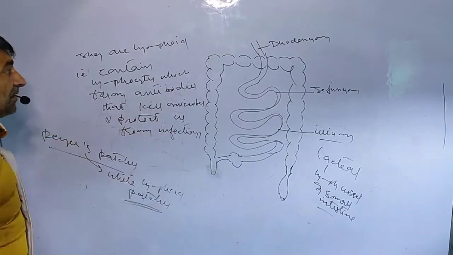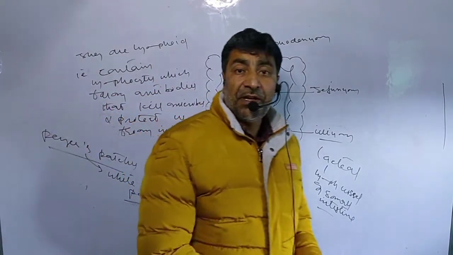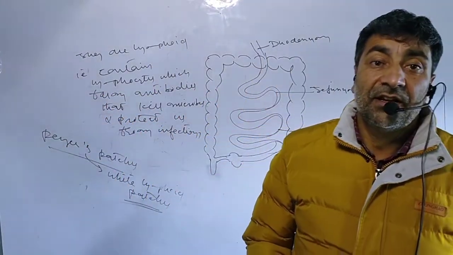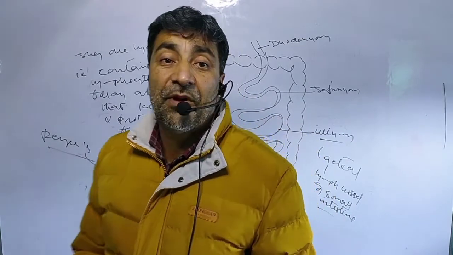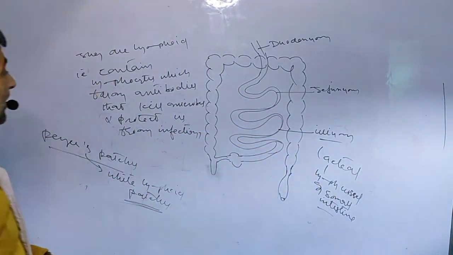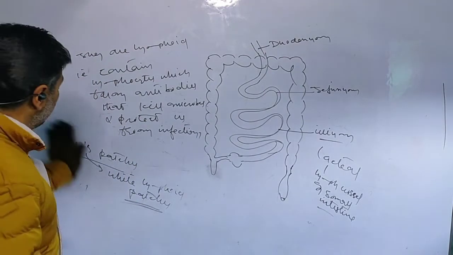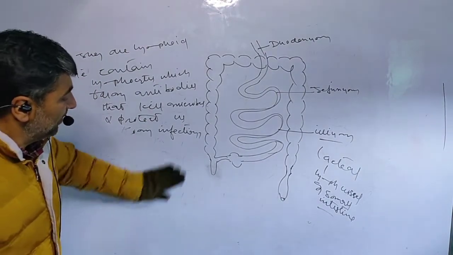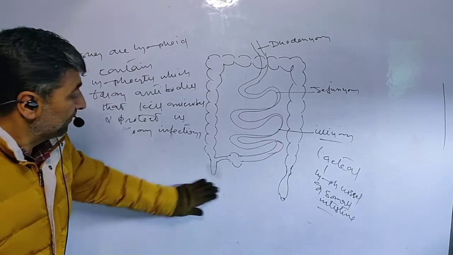Peyer's patches are lymphoid structures. They contain lymphocytes. Lymphocytes form antibodies. Antibodies are special proteins. They kill microorganisms and protect us from infection.